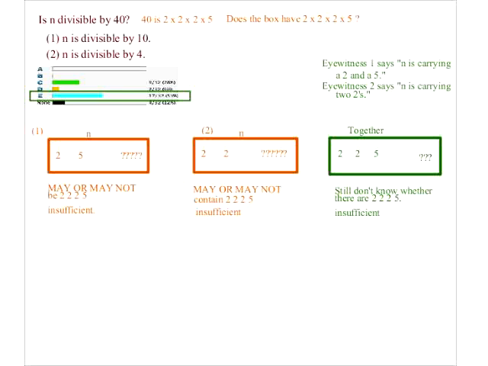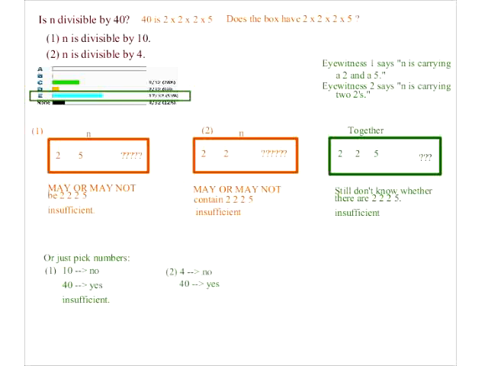All right. Also, you can just pick numbers. For statement 1, if you pick 10, then that's a no. But if you pick 40, that's a yes, so that's insufficient. Statement 2: 4 would give you a no, but if you pick 40 itself, you get a yes.